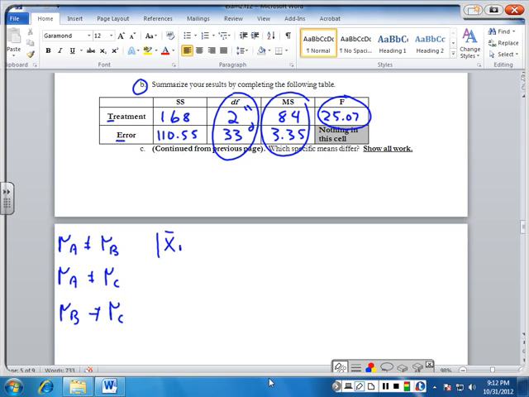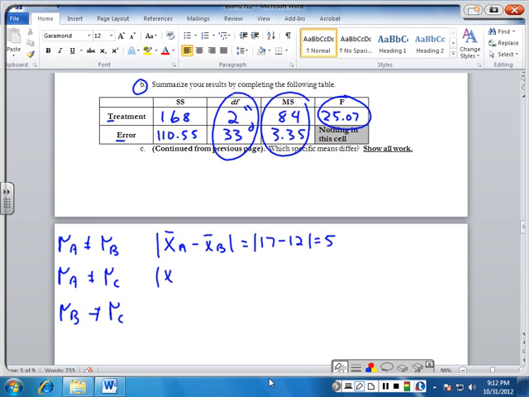So X bar A minus X bar B is equal to 17 minus 12, which is 5.